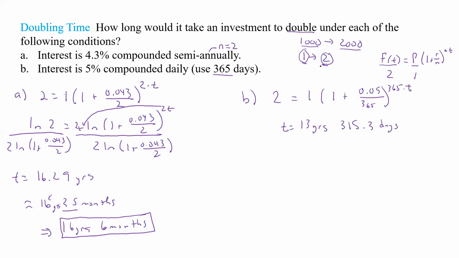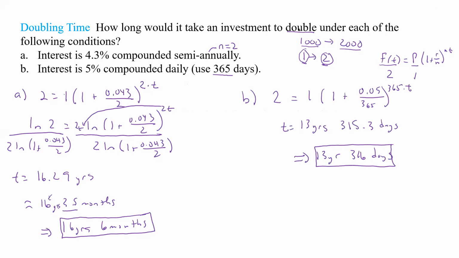Now remember, we're looking at whole days here, and to get to double, we have to go to the next one. So that gives us 13 years, 316 days.